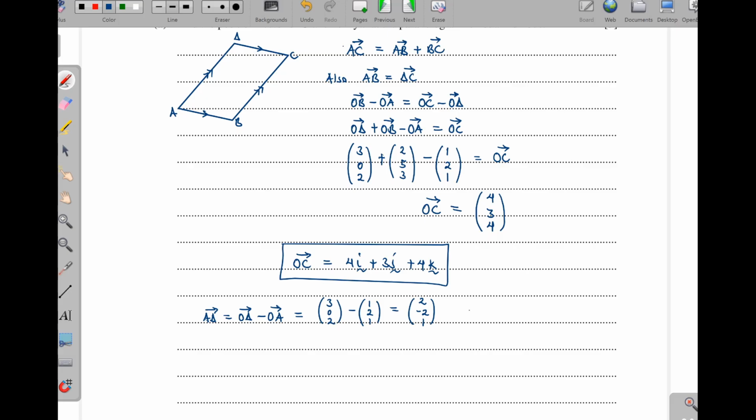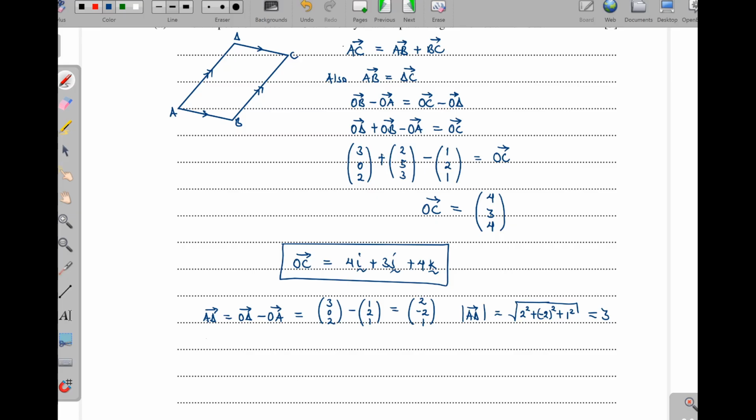That is our AD. So what is the length or the modulus of this one? This is 2 squared, plus negative 2 squared, plus 1 squared. This is 4 plus 4, 8 plus 1, 9. Root of 9, that is a 3.